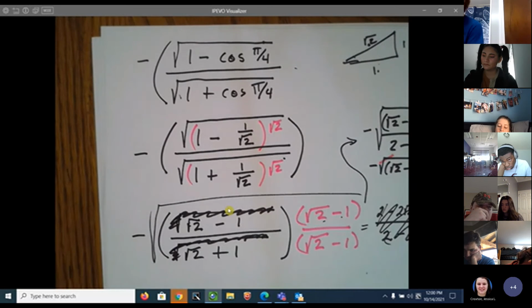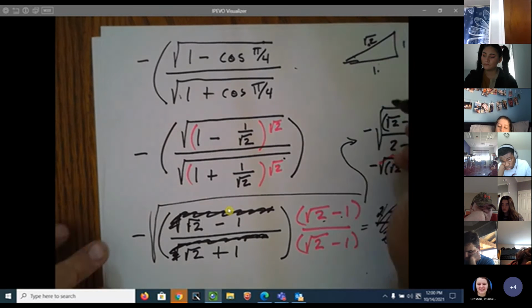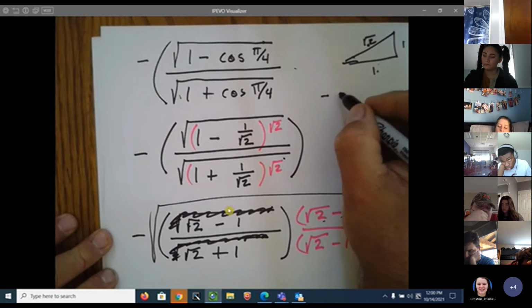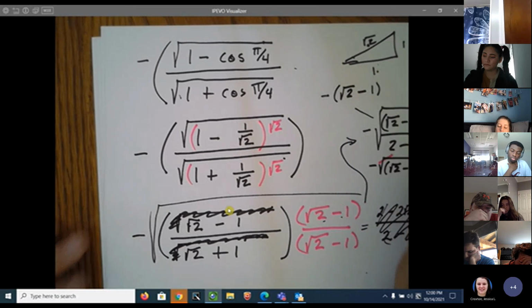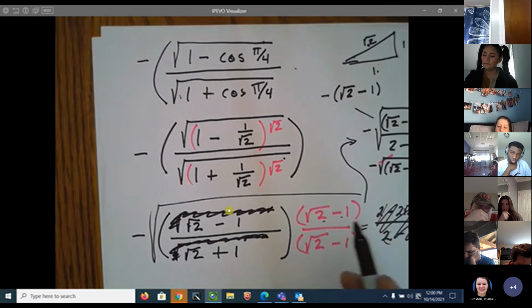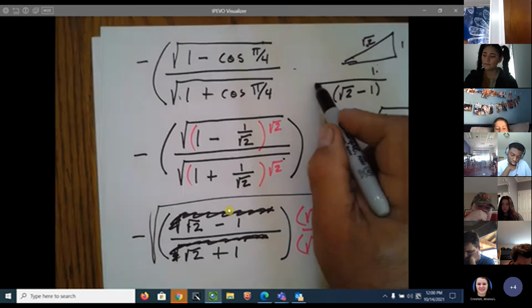And you're left with negative square root of 2 minus 1. You can distribute that and make it 1 minus the square root of 2, but I really don't care at that point.